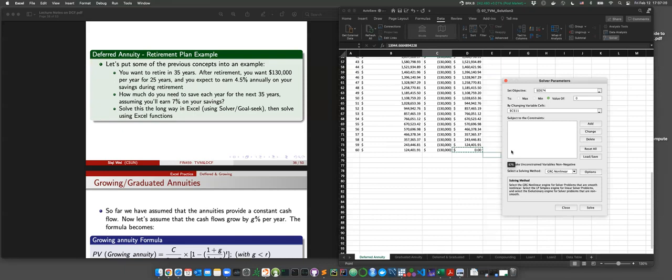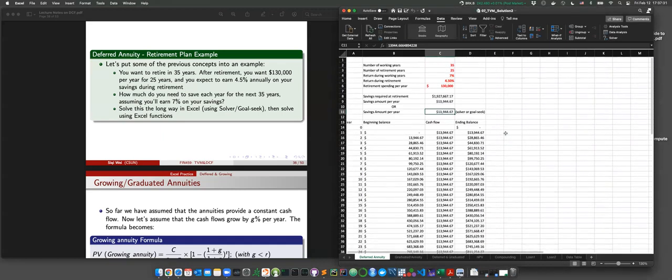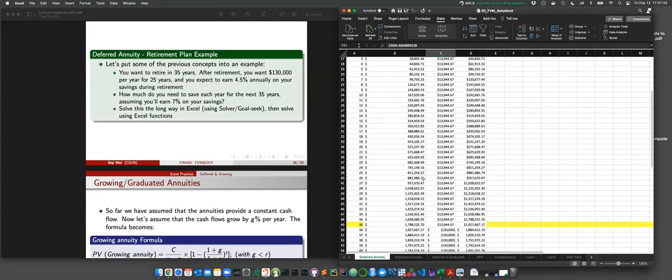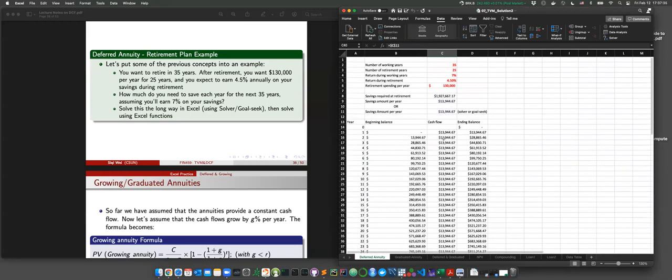You set the objective of the ending balance to be 0, then back out the objective cell, which is the saving amount per year in the initial stage. This is similar to the Excel circularity feature: you replicate the process each period and back out the number you want to solve for.